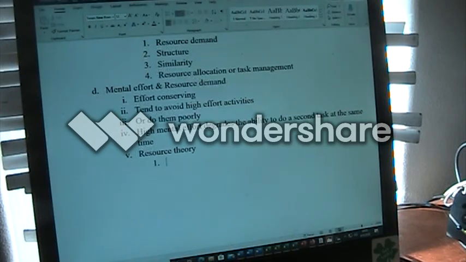Resource theory talks about the relationship between single task difficulty and dual task divided attention deficits.